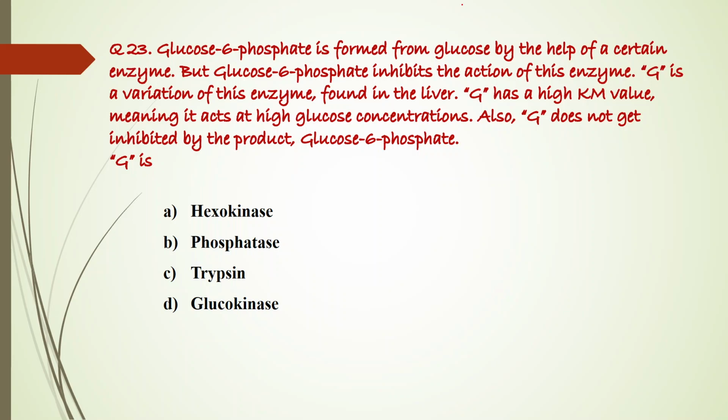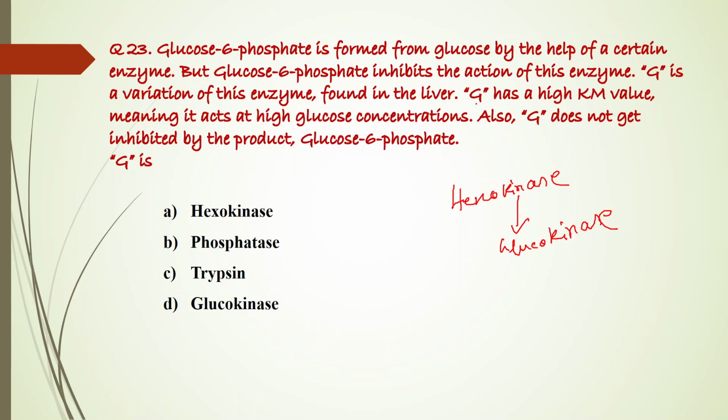So we already know the enzyme in the first two lines is nothing but our hexokinase. The next statement is G is a variation of this enzyme that is found in the liver. So what is the variation of hexokinase that we can find in liver? It is obviously glucokinase.